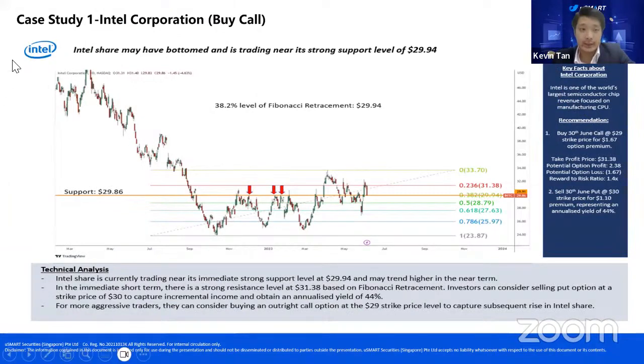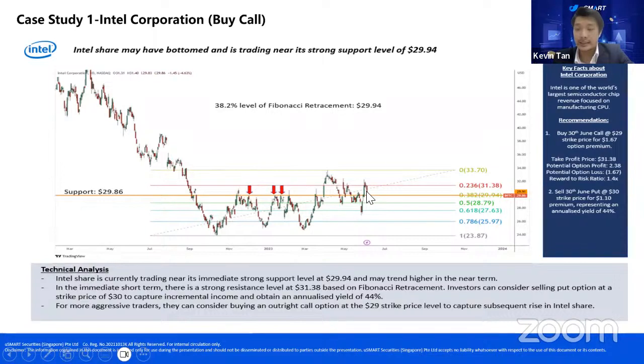So one of the things that we shared in the past week was Intel shares. Intel shares have been on a downtrend for a long period of time, but this week Intel was trading near the support level of $29.86.